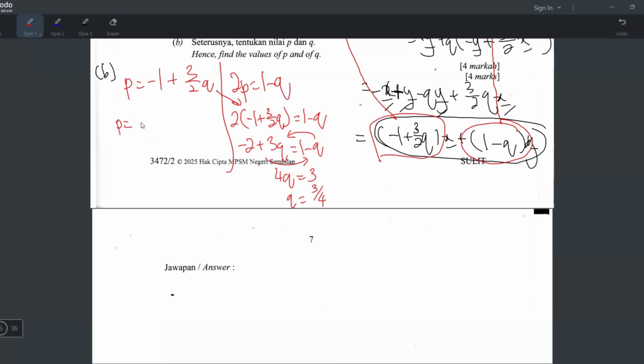Sub back inside, P equals -1 plus 3 over 2 times 3 over 4. Cut. -1 plus 3 over 2 is -2 over 2 plus 3 over 2, which is +1 over 2. So that's the answer, P and Q.